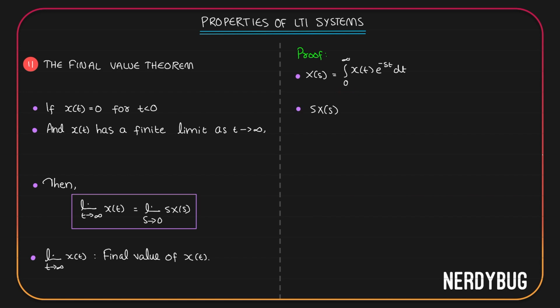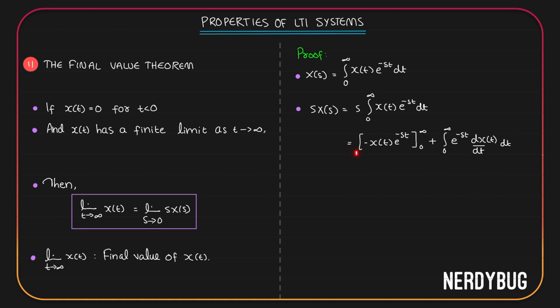Now sX(s) will be s multiplied by the integral from 0 to infinity of x(t) e raised to minus st dt. Using integration by parts, this becomes minus x(t) e raised to minus st, evaluated from 0 to infinity, plus the integral from 0 to infinity of e raised to minus st times dx(t)/dt dt.